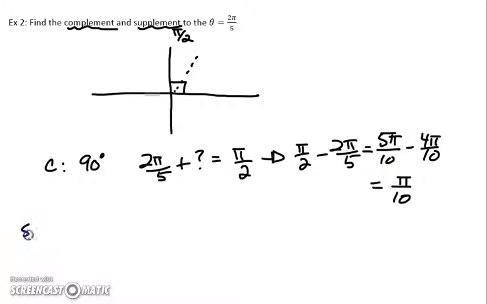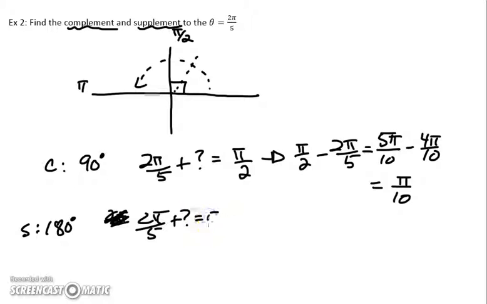For the supplement, originally that would be 180 degrees, and we know 180 degrees is the same thing as pi. So we want 2 pi over 5 plus what angle equals pi. So pi minus 2 pi over 5, that's 5 pi over 5 minus 2 pi over 5.